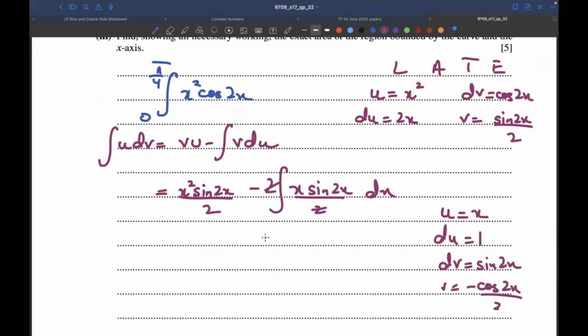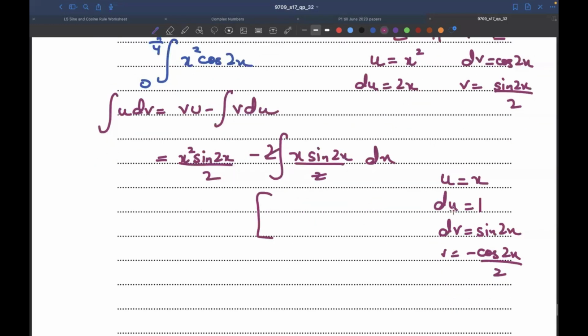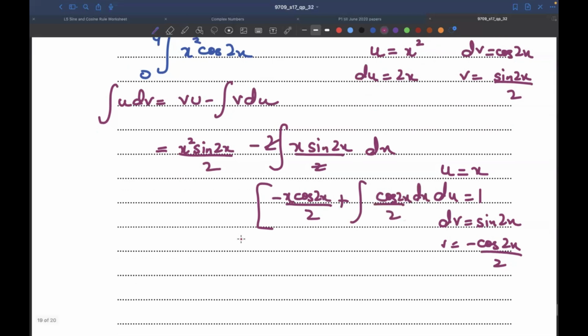So now applying integration by parts over here, we'll get vu again. So vu will become minus x cos 2x upon 2 minus integral of v du. So v is minus cos 2x, so we can make this a plus cos 2x upon 2 and then dx. Integrating cos 2x, we know that becomes sine 2x upon 2.